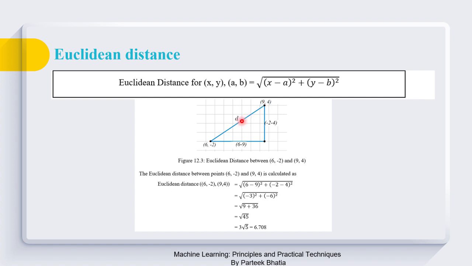To find this distance, we can use Euclidean distance, and its formula is the square root of (x minus a) square plus (y minus b) square. If I fit all these values in this formula, the equation will become like this, and if I solve it, I can get its Euclidean distance. So by using Euclidean distance, we can find out the 5 neighbors to our new data point, and all this process is performed in step 2.